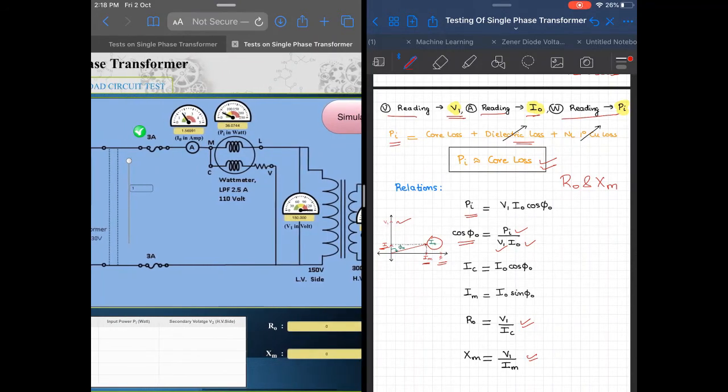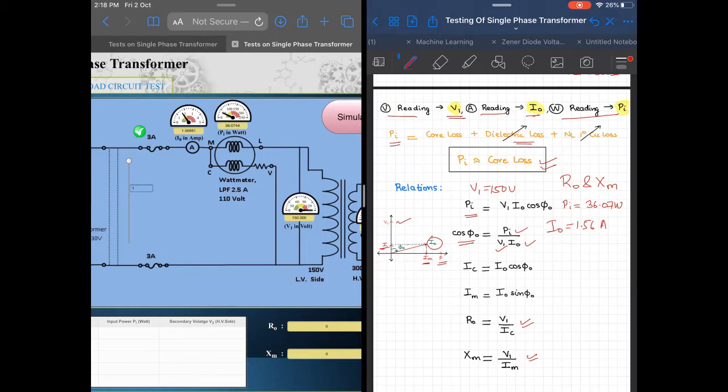So we find that the value of I naught is 1.56 ampere, PI is 36.07 watt, and V1 is 150 volt. So now we have the values of PI, I naught and V1.